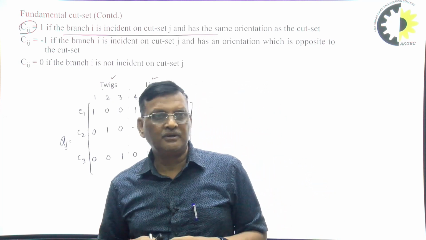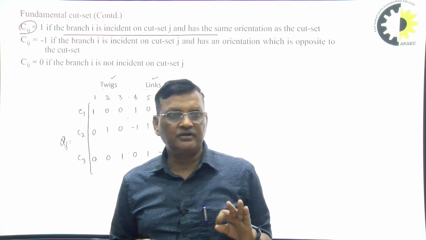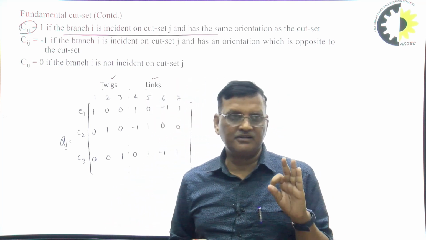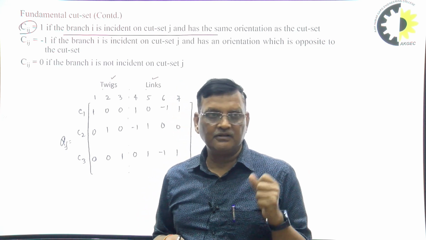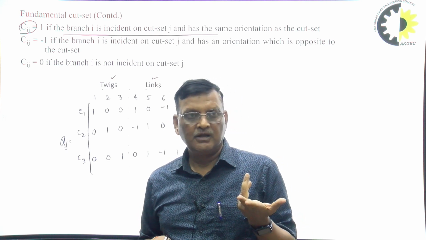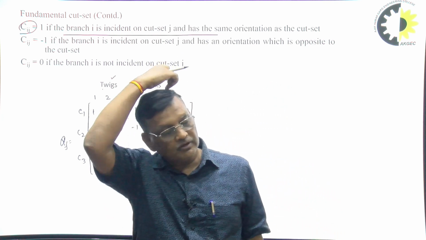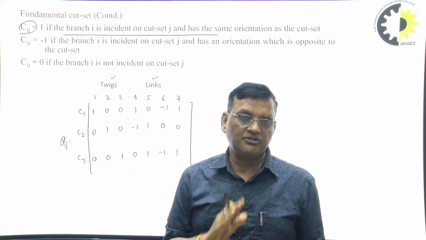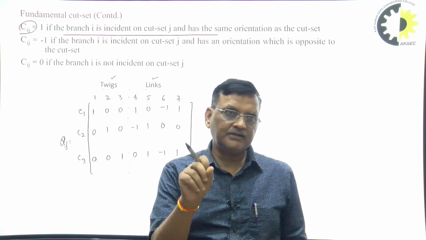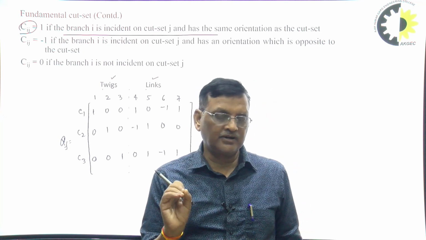Come to the fundamental tie-set and fundamental cut-set matrix. It is only defined for a particular tree. The tree is given, so we can find the twigs and the number of links. If you are going for the fundamental tie set, then take the tree and add one link, and we get one fundamental loop.